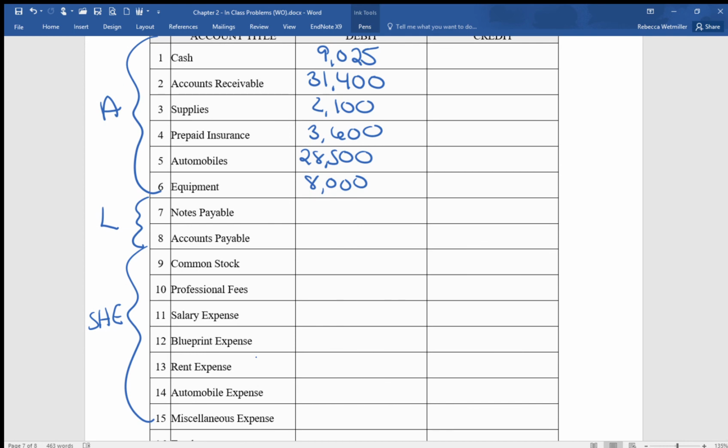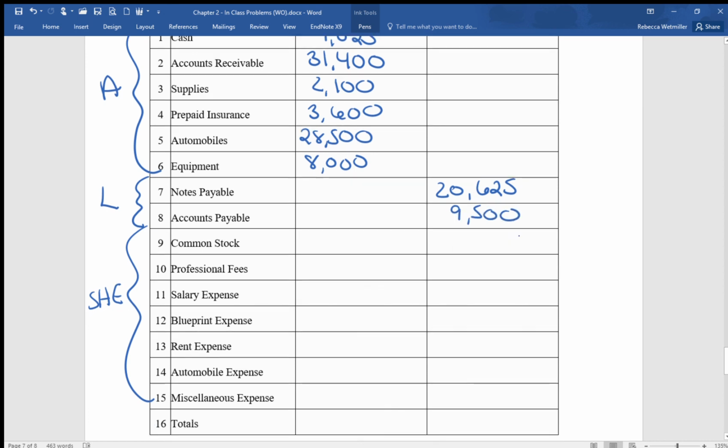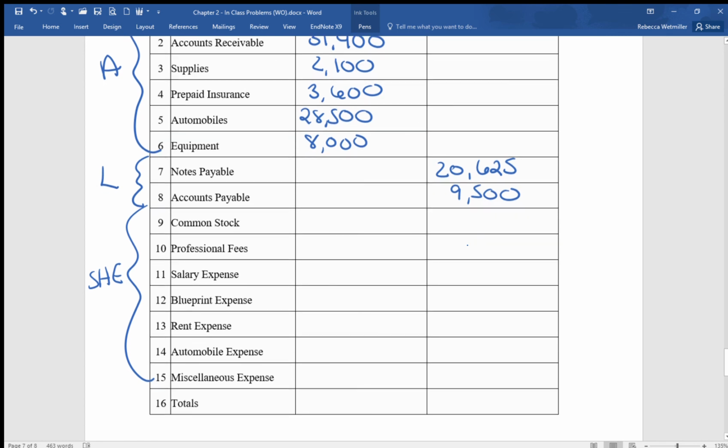I have a note payable with a credit balance of $20,625. Accounts payable with a credit balance of $9,500. And that's good. Both of those are credit balances, which is the normal balance for liabilities. Okay, moving on to my stockholders' equity. Common stock, I have a credit balance of $30,000, which makes sense because common stock increases stockholders' equity. We increase stockholders' equity by crediting.